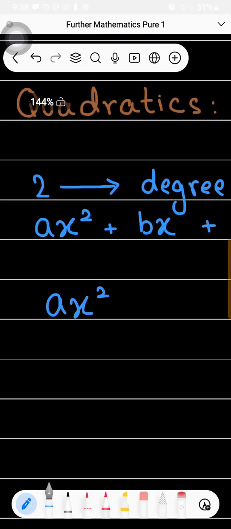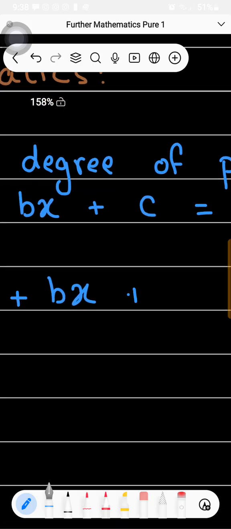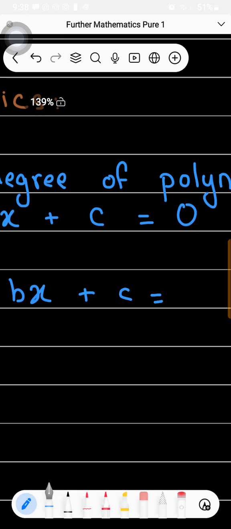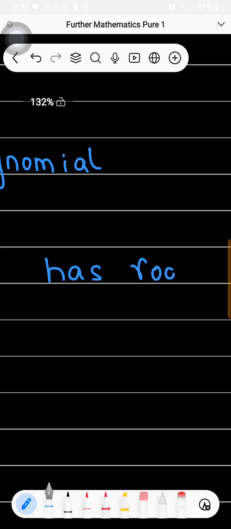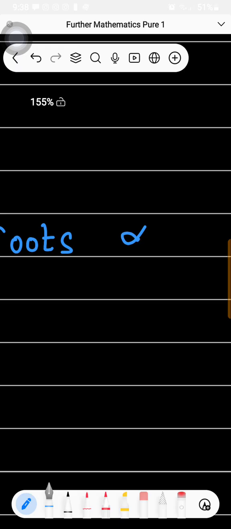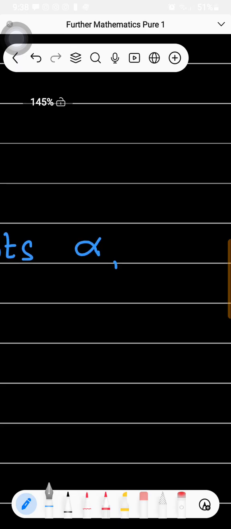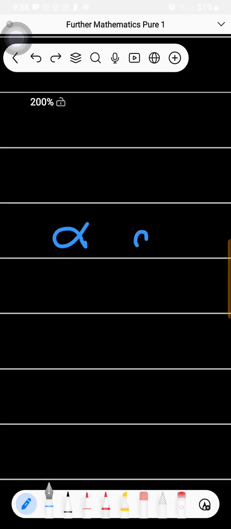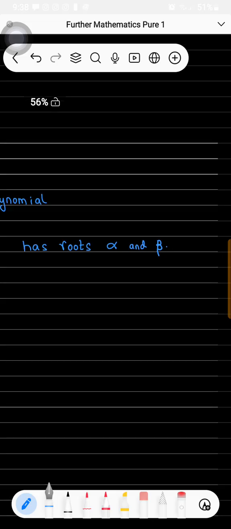Ax square plus bx plus c equal to 0 has roots alpha and beta. These are two roots of the equation.